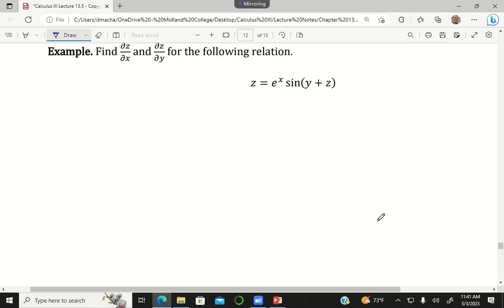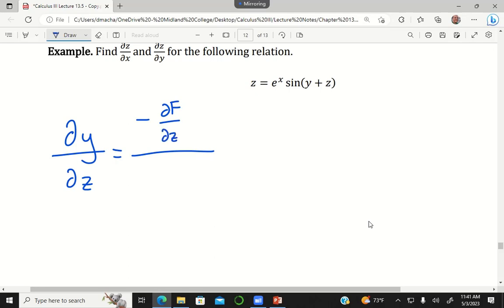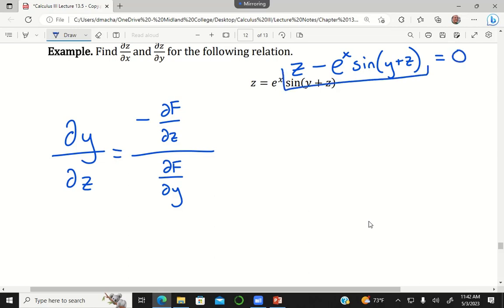Okay, let's do partial of y with respect to z here. So that formula would be negative. This isn't quite in the right form. I have to have something equal to 0, but that's easy to rewrite. I can just write z minus e to the x sine y plus z equals 0. Okay, so now my f is all of this stuff. So it goes up top.